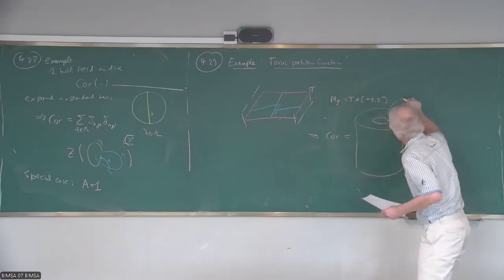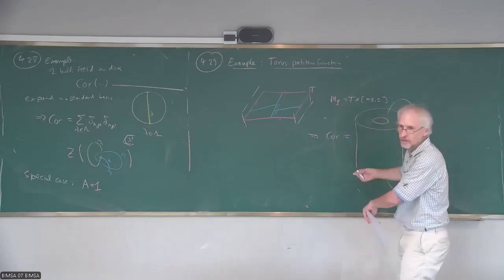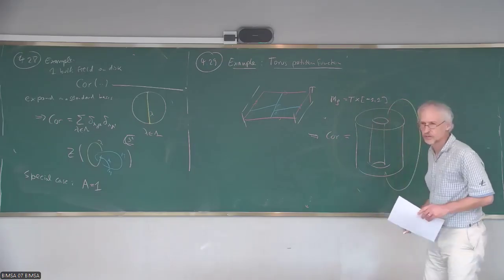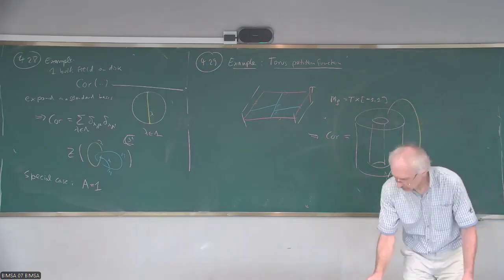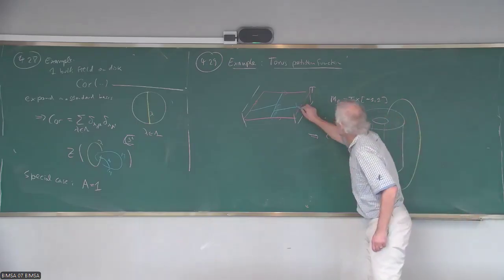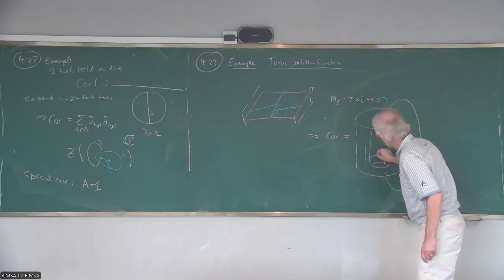I take a full torus, so a cylinder with identified top and bottom, with a small full torus cut out. And then I have a graph labeled by the Frobenius algebra A, which roughly looks like this. Then I have a co-product.